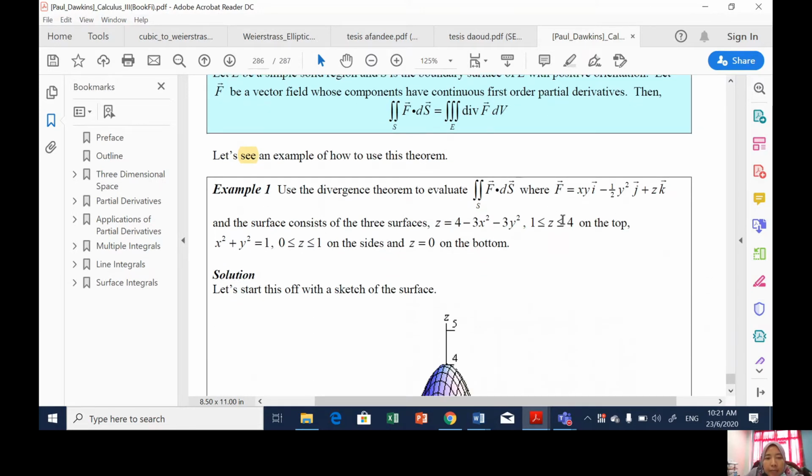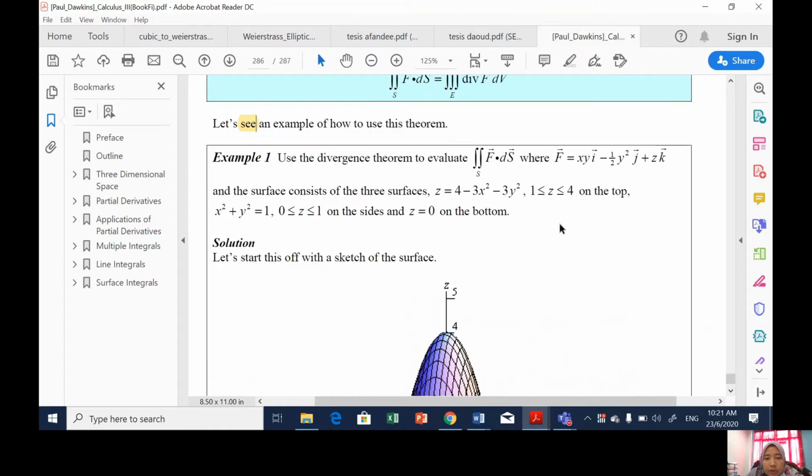We'll see example 1 regarding the divergence theorem. The question is to use the divergence theorem to evaluate the integral, and the vector field F is given here.